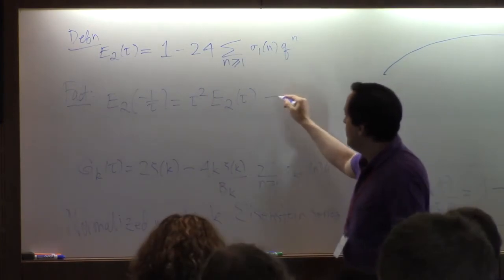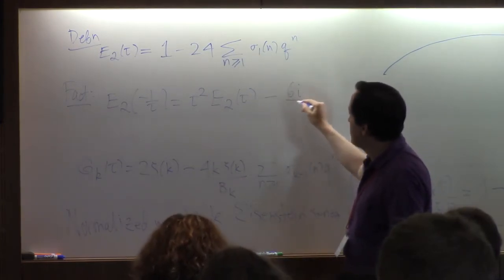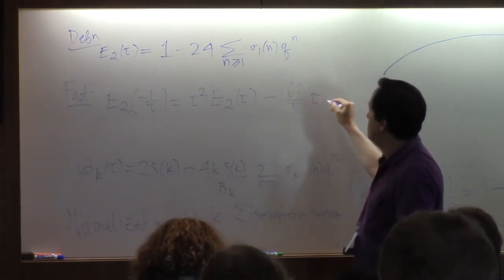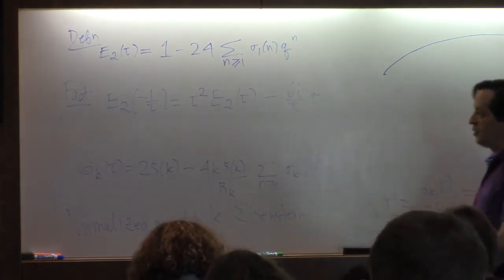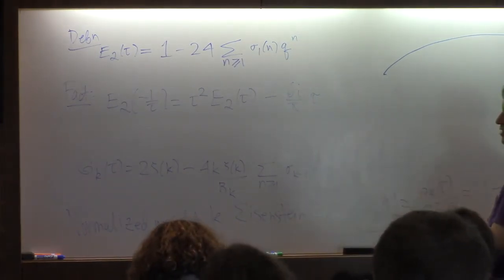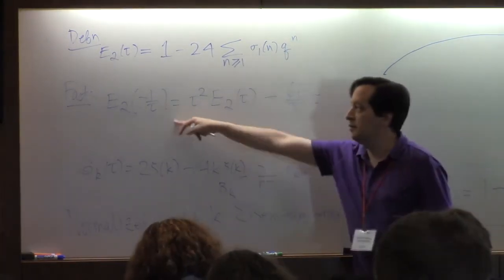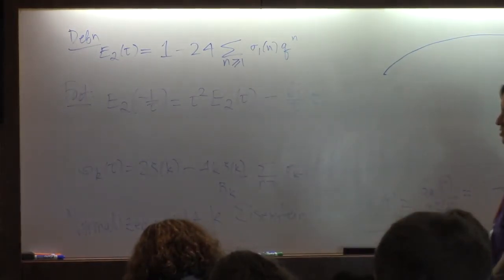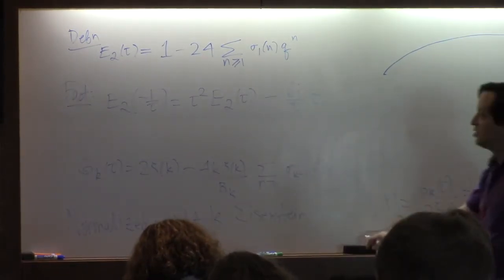But it isn't, and there actually is a correction term everywhere. So we have a systematic correction that accounts for the failure of this to be a modular form. In fact, these are never equal anywhere. The difference is always given by this expression.